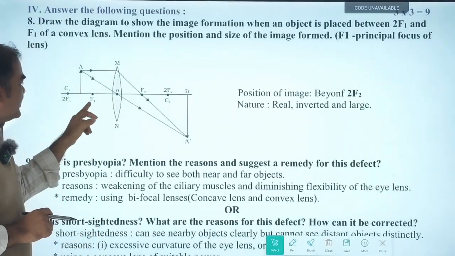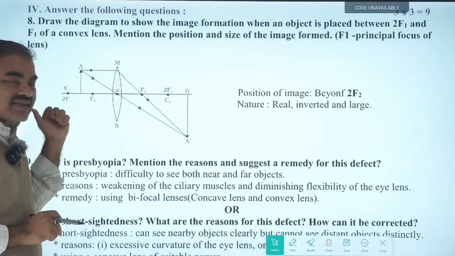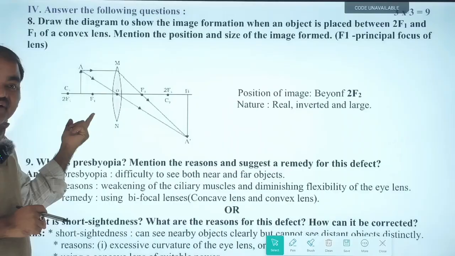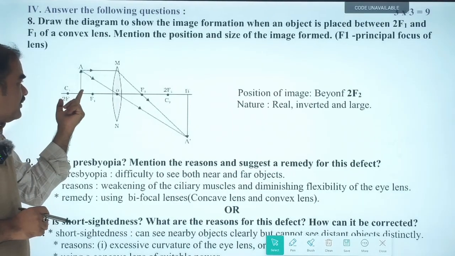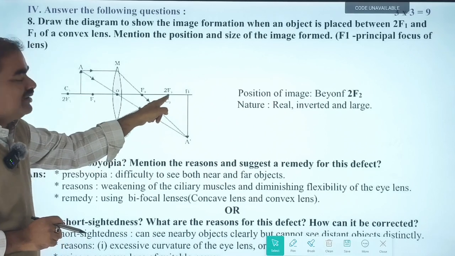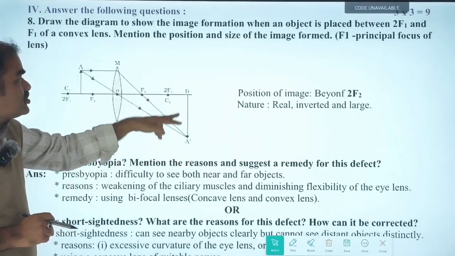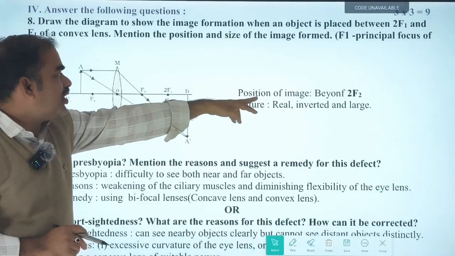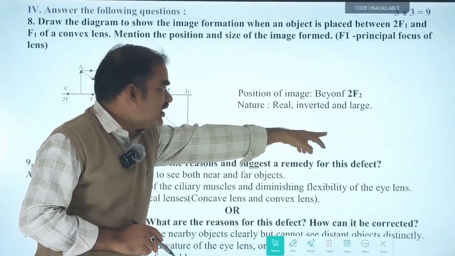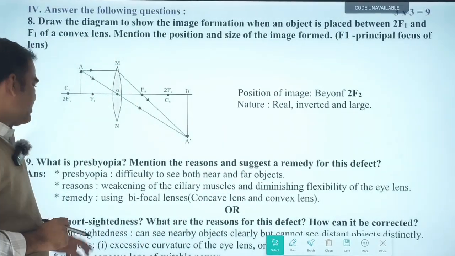We know that a convex lens has focus on both sides. When the object is placed between F1 and 2F1, the image is formed beyond 2F2, below the principal axis, so it is inverted. Nature: real, inverted and a large image.